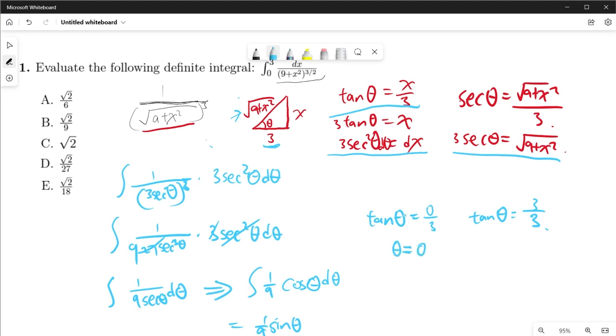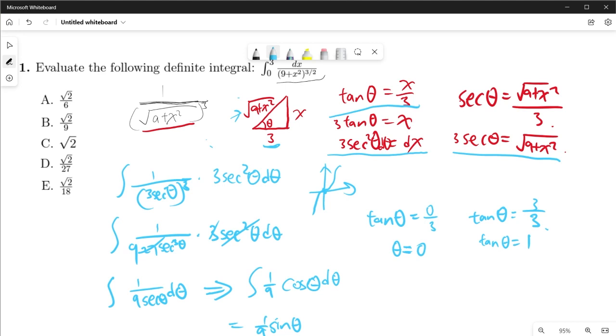At 0, it's just 0. If you think about the tangent graph, it does something like this. So at 0, it's just 0. But the other one should be pretty well known too. Tangent of what is 1?